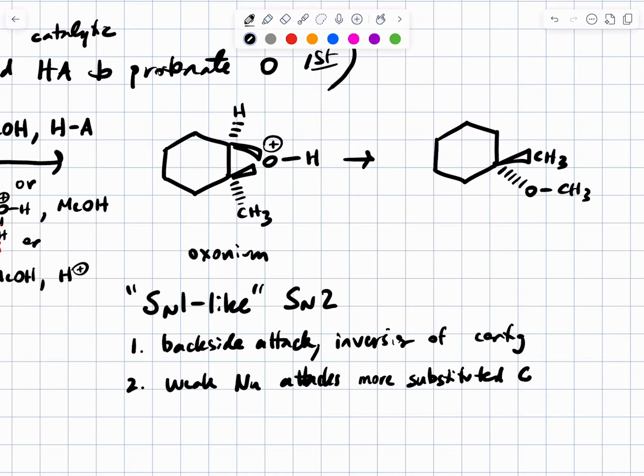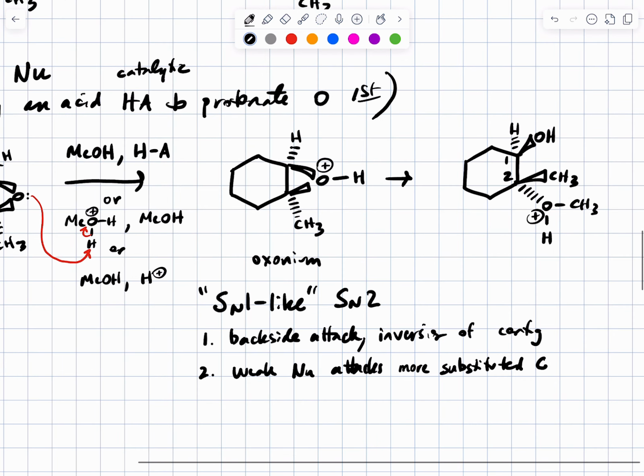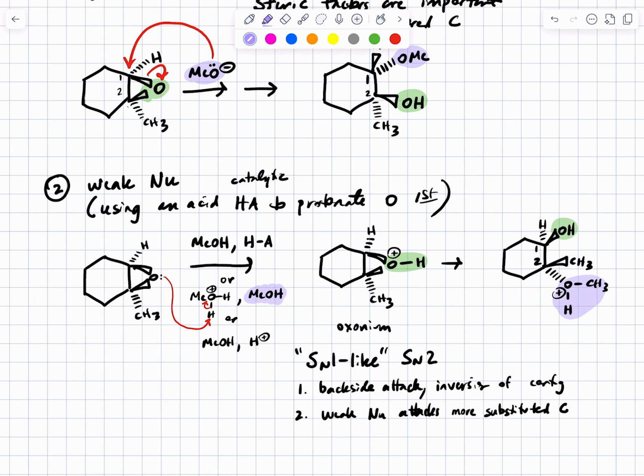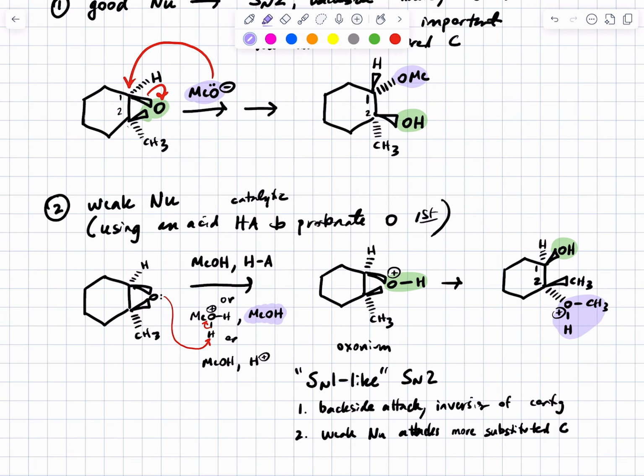This is what you would get immediately after the methoxy group attacked, and then the OH over here on carbon 1. Methanol is your nucleophile. This is your leaving group. So do you see how that is a different regioisomer than we did above?